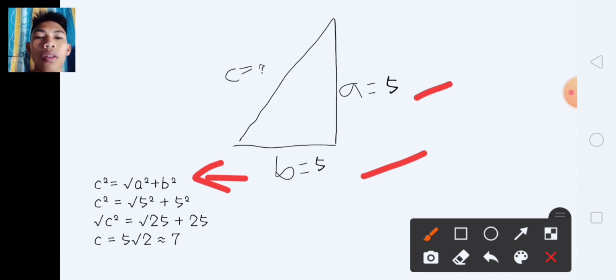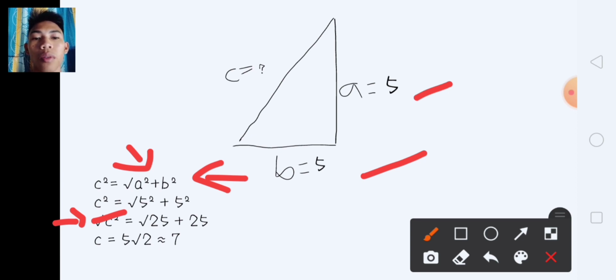So we're gonna copy this: square root of 5 squared plus square root of 5 squared. To remove the squared here, we're gonna square root. The square root of C squared is C, cancel out.